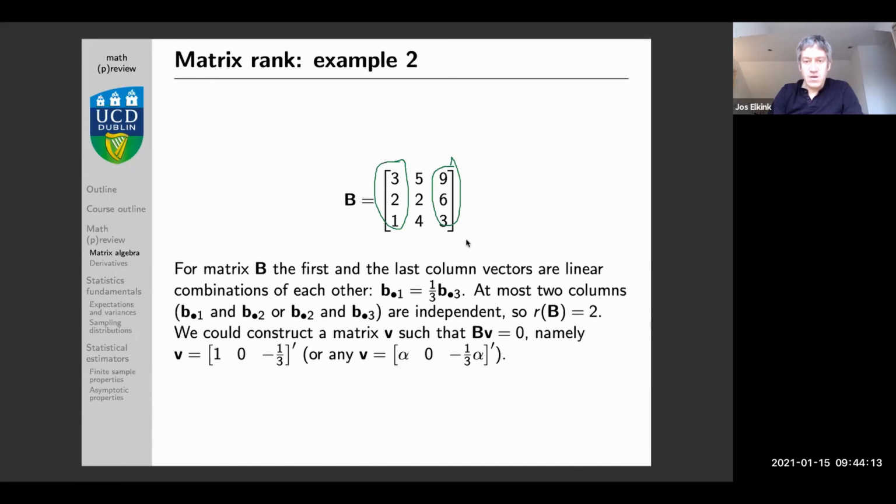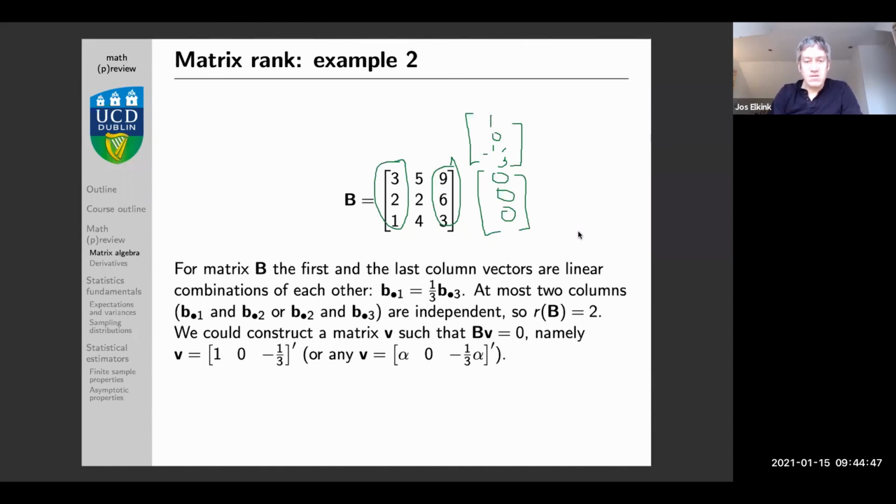And that means that if I multiply with a vector that is 1, 0, and minus a third, so in other words, take the first column one time and then divide the third column by 3 and subtract it, then I end up with 3 minus 3 is 0, 2 minus 2 is 0. So I end up with a matrix that looks like this, and that means I have all zeros.